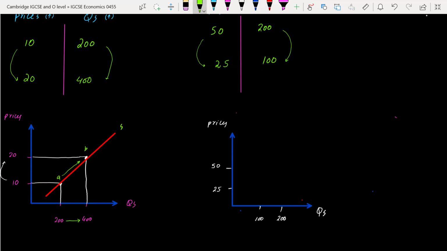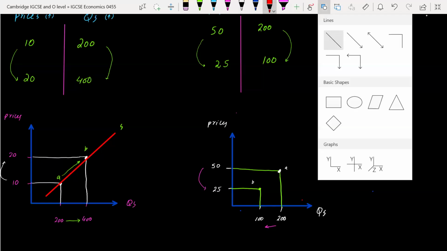When the price was 50, at that time the quantity was 200. By joining these points, we can call it point A. When the price goes down, the supply will also fall. So you can check, this one is the B point. By joining these points, again we can find out the curve.